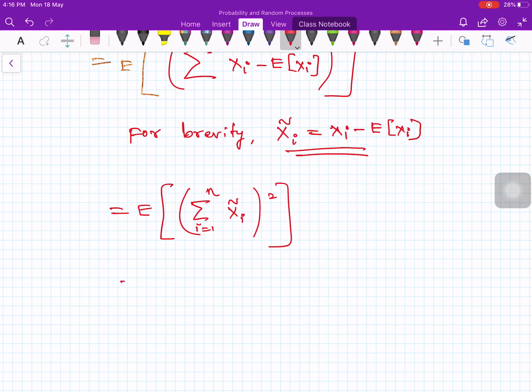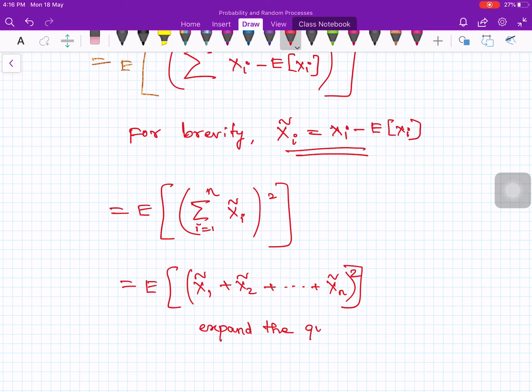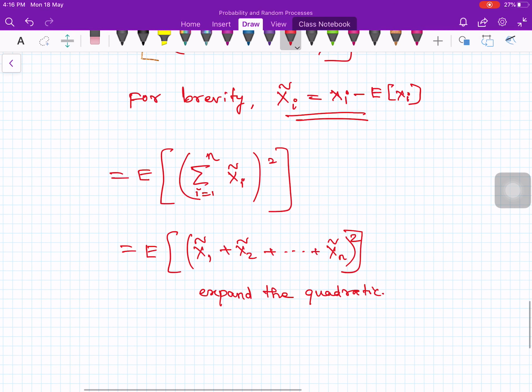Now if you expand this, you will get x1 tilde plus x2 tilde plus up to xn tilde, and we need to put a square. Now we expand this quadratic. Instead of a plus b, we have many terms here: a plus b plus c plus d plus up to n terms.